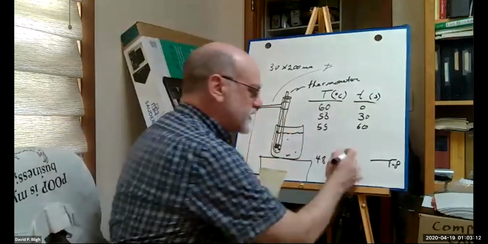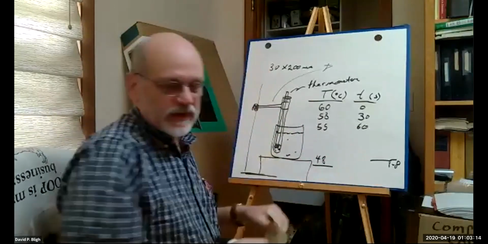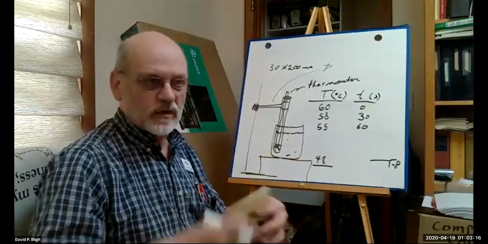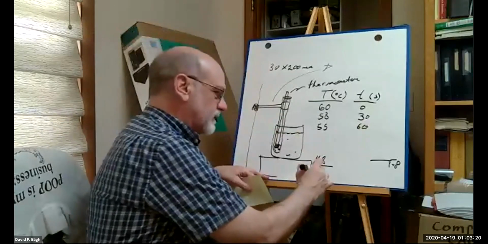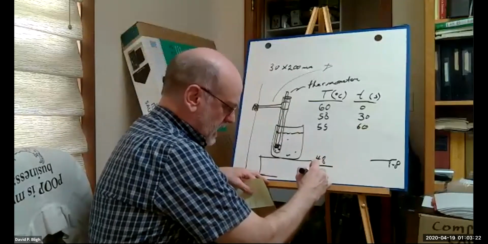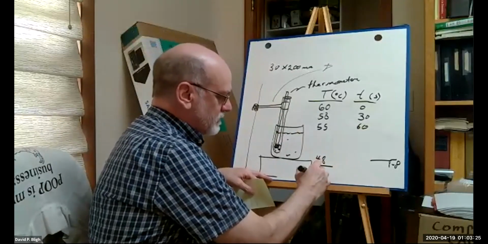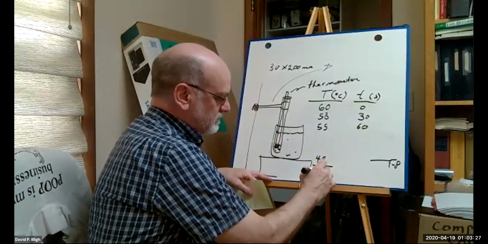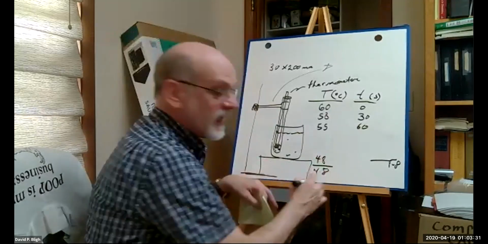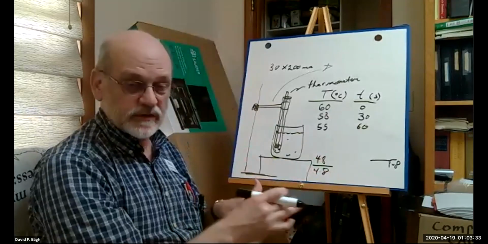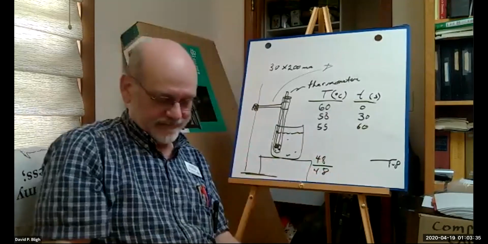Then you'll notice the freezing point at this time. And we know that the accepted value is 48, so temperature should be somewhere close to 48. And then you keep measuring, and the temperature might decrease. Actually, it shouldn't decrease. Once you reach the freezing point, it ought to stay the same. Right? That's one of the indicators that you're at the freezing point.